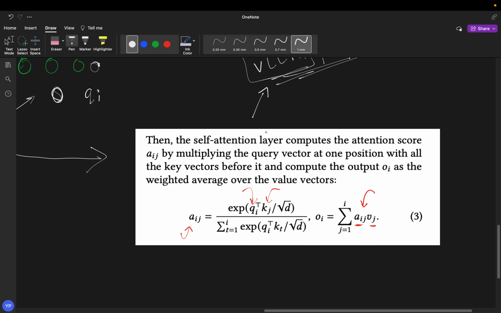The research paper tells you that to compute the attention head of aij, you take the exponential, like a softmax of Qi transpose Kj.